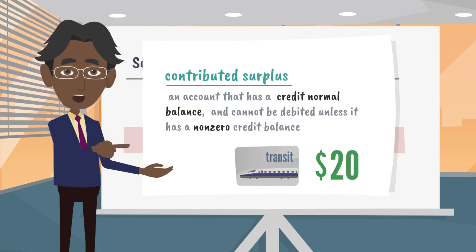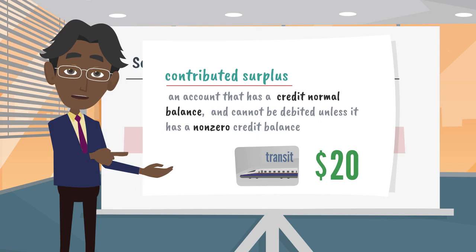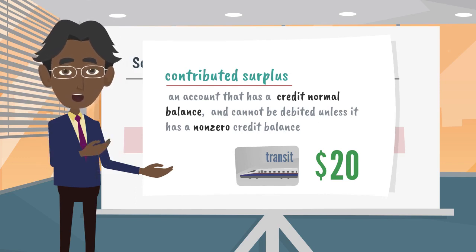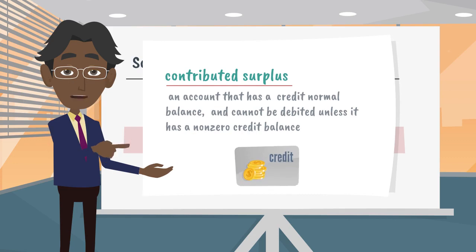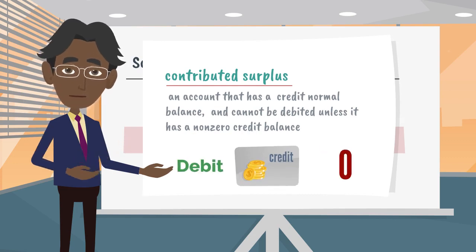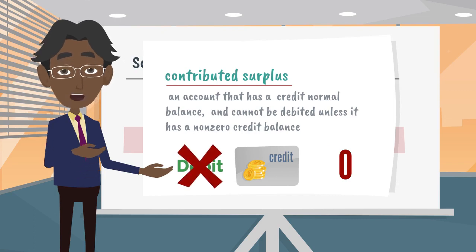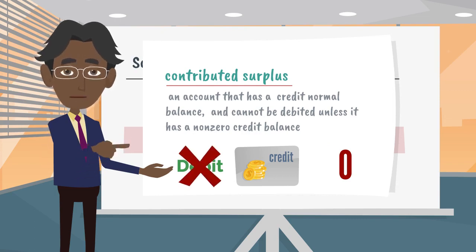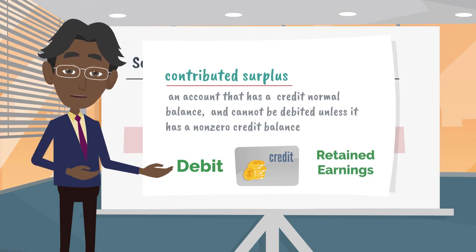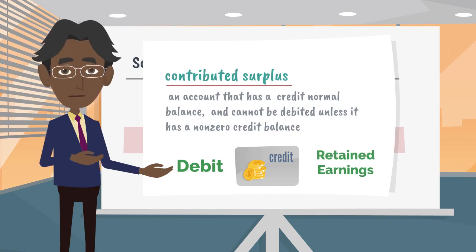You need to add money to it first to be able to use it again. Contributed surplus works in the exact same way. If the credit balance is large enough, then you can debit it until the balance becomes zero. After that, you cannot keep debiting it. Further debit amounts come out of retained earnings because there is no more surplus cash available to draw from.